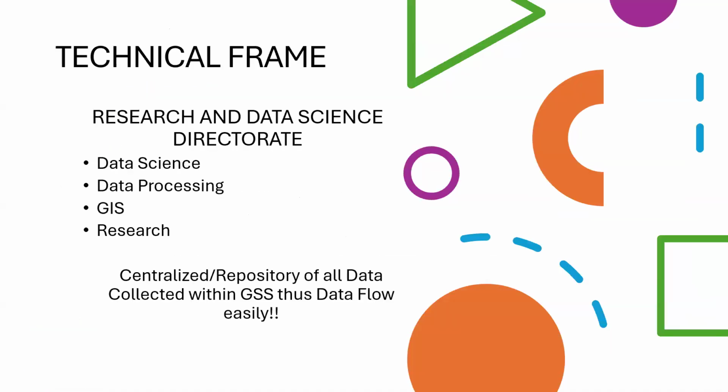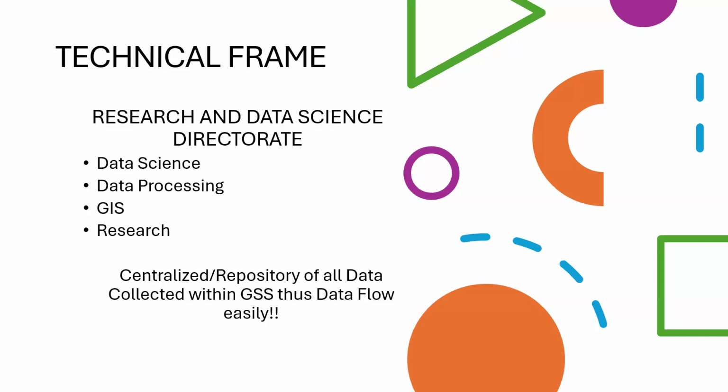Okay, the Thinker framework. Like I pointed out, our Thinker framework is strategic. The organogram places the research and data science directorate as one unit. What this translates to is that the data science unit, the data processing unit, the GIS and research team is managed by one entity.